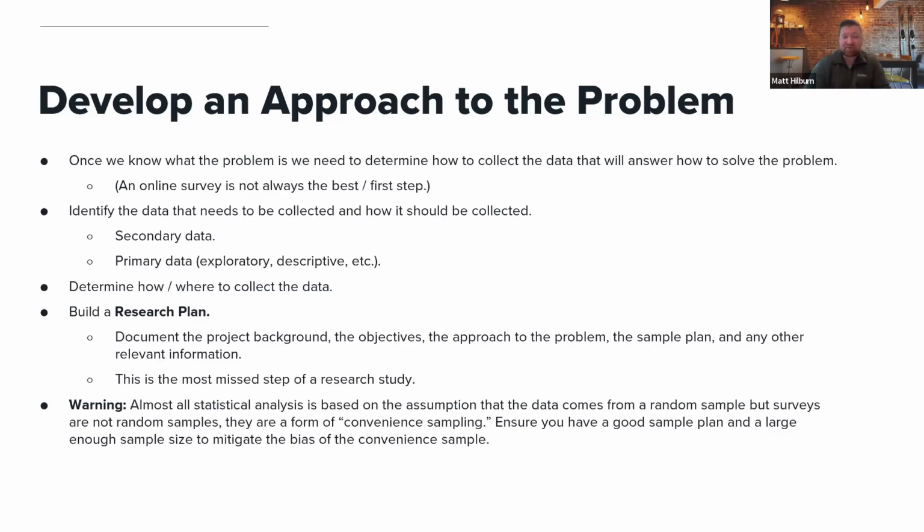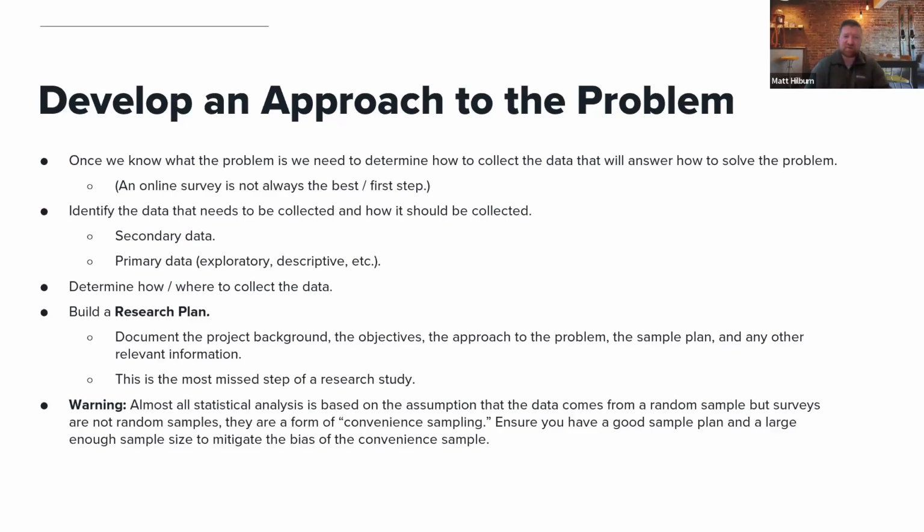Now, I'll point out that almost all statistical analysis is based on the assumption that data is coming from a random sample. But surveys are not random samples. They're a form of what's called convenience sampling. So part of this research plan needs to have what we call a sample plan or a sample frame that talks about who's going to be taking the survey, where are we going to get the sample from, what's going to be the sample size.